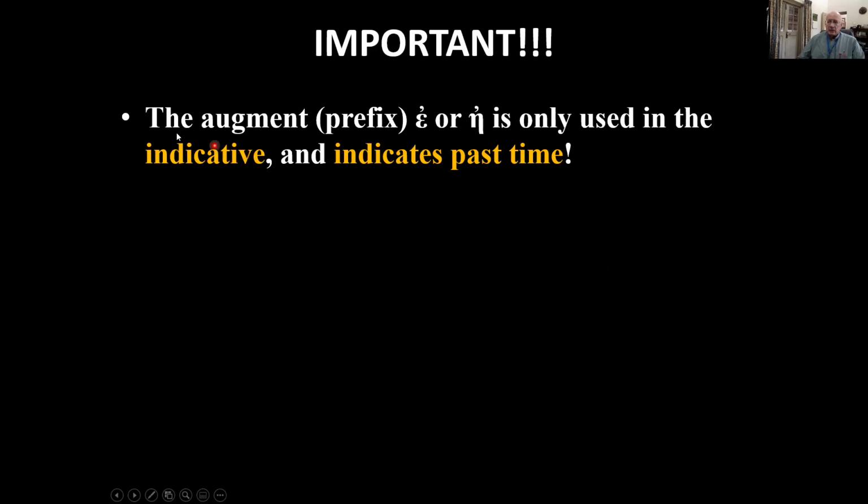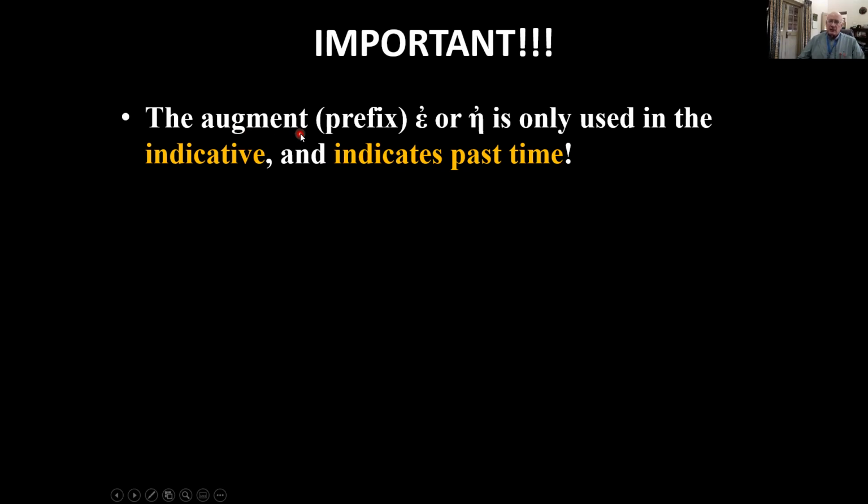Again, I can't stress enough the augment, epsilon or eta, sometimes the epsilon lengthens to eta, as we've discovered, is only used in the indicative mood and indicates past time. So we will not have augments with the aorist tense in the subjunctive mood.